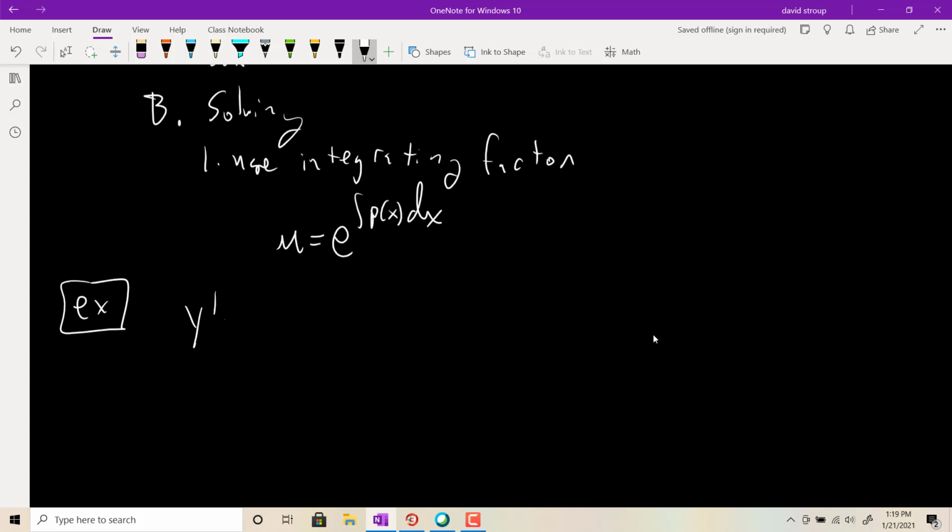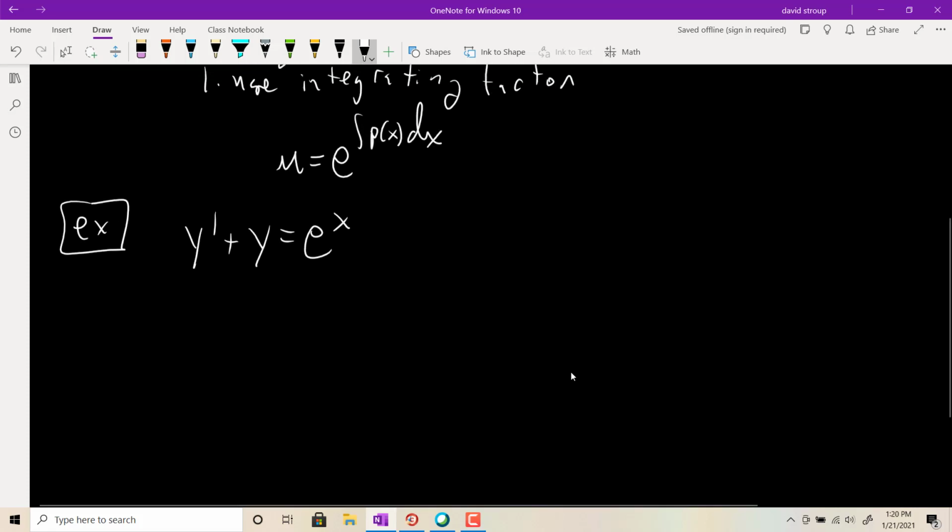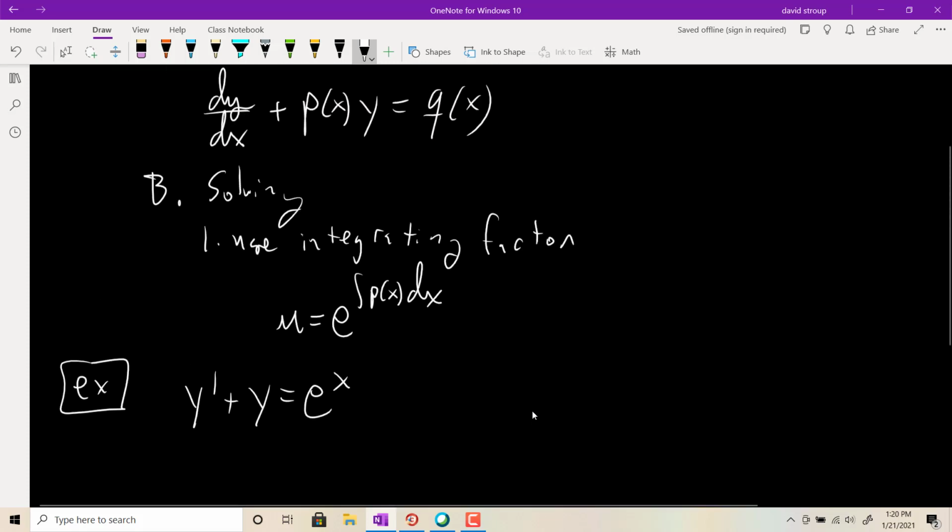So I have y prime plus y equals e to the x, and the solution is some function y that satisfies this equation. I need to first make sure it's in my form above, dy over dx plus something times y.